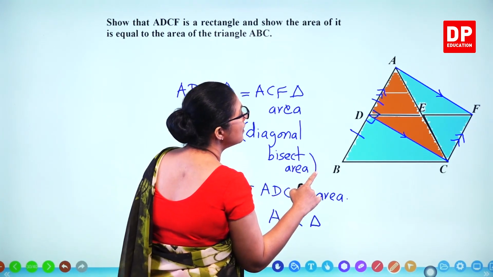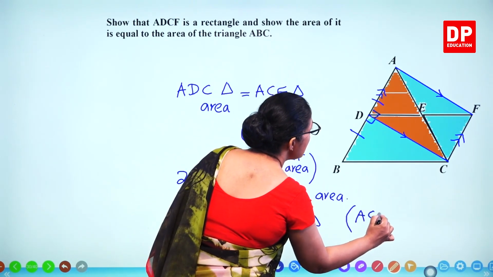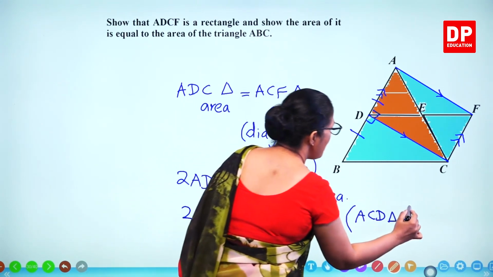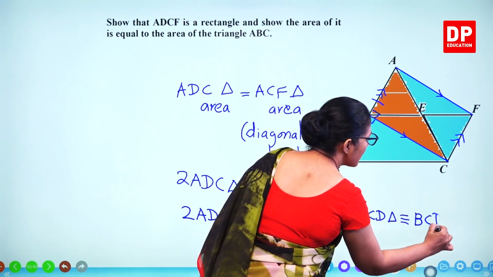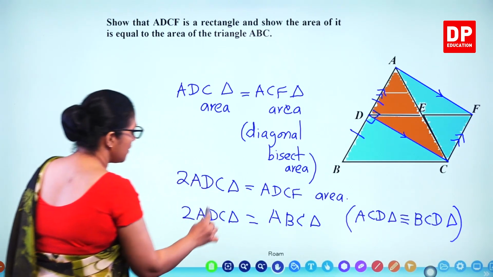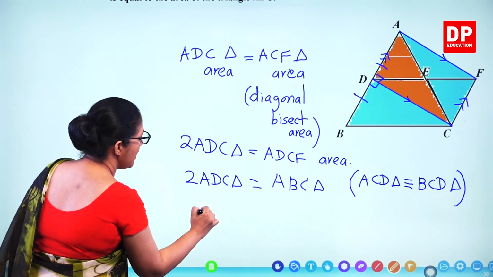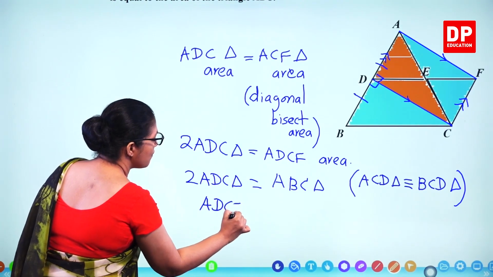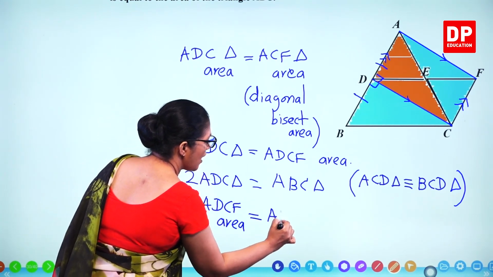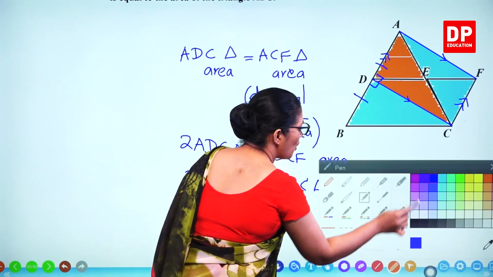Because ACD triangle and BCD triangle are the same, congruent. And when you look at these two, you can say ADCF area is same as ABC triangle area. So that's what we need to show.